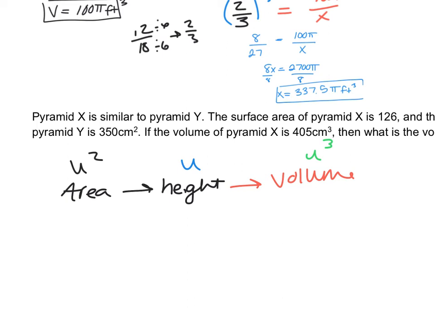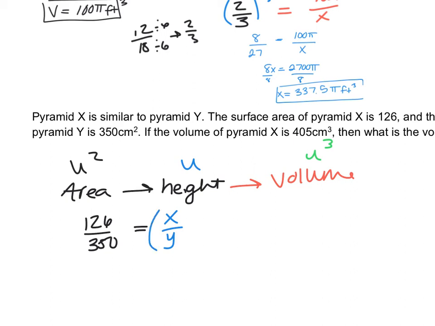So I know that my area is going to be 126 over 350. And I want to find out what the ratio is for my height. So here's what I'm going to do.